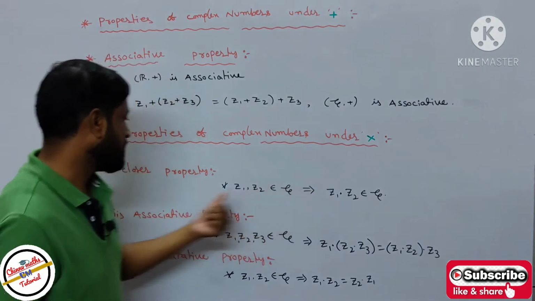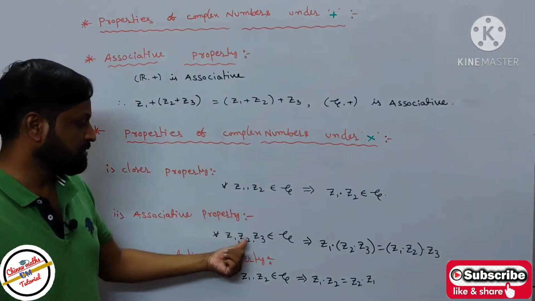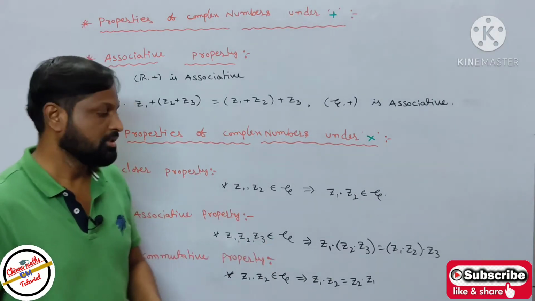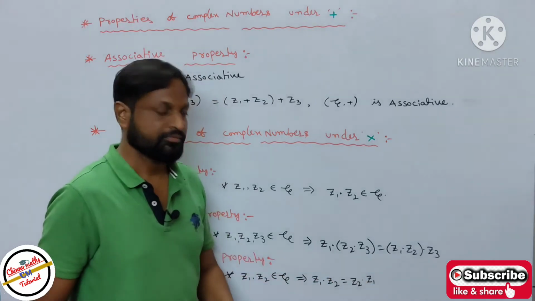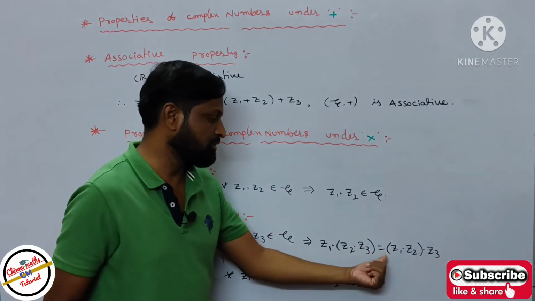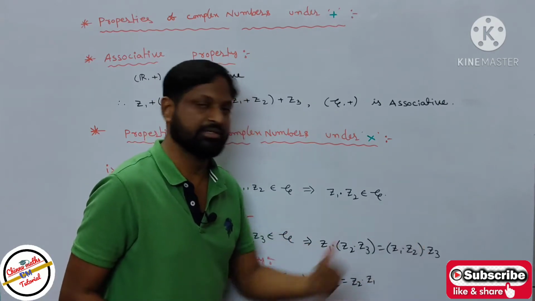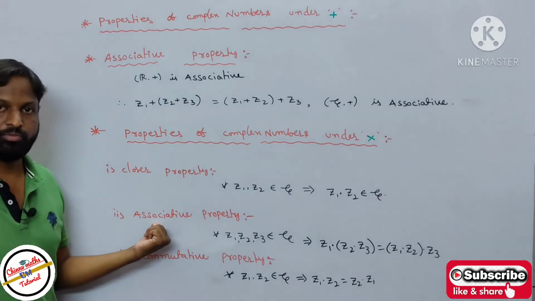This property is called the closure property. Next, associative property: z1, z2, z3 belong to the complex numbers, so under the multiplication, how to write the associative property? z1 times (z2 times z3) equal to (z1 times z2) times z3. If it is satisfied, then this property is called the associative property.